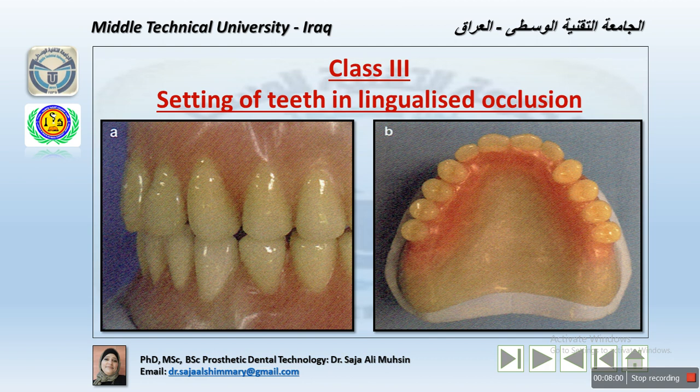Of course, to prevent cheek biting during mastication, a common problem for class 3 patients, the upper posterior teeth are tilted outward to make the neck of the teeth more prominent and buccally placed than the cusp. This has the effect of keeping the cheek away from the occlusal surface and also allows better contact between the upper buccal cusp and the lower buccal fossa.